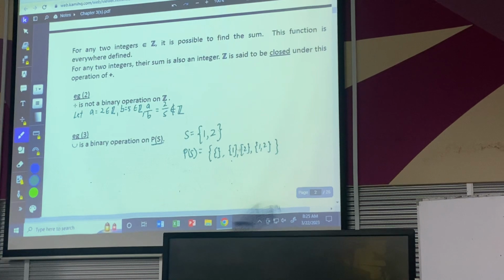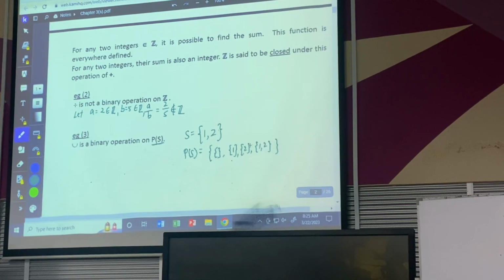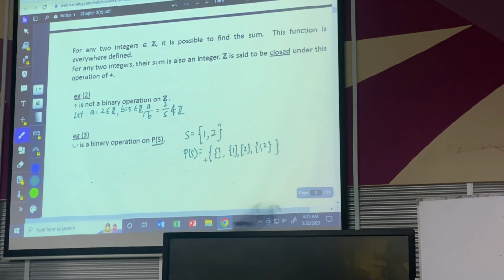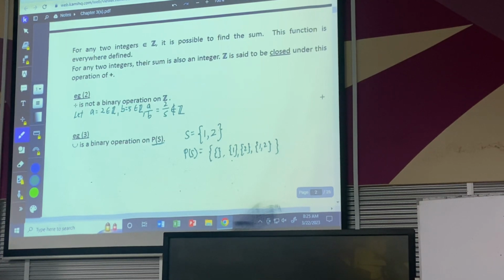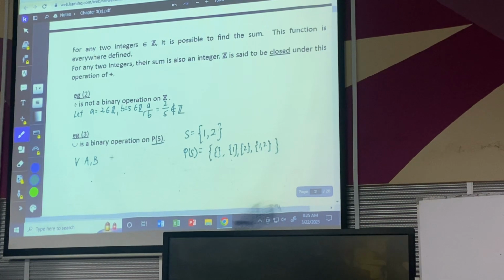So any of the elements here union each other, you will also get one that comes from the set. Right? So that's why union is a binary operation on the power set. Okay? So we can write for any A, B, this one is a set belonging to the power set. Then when you do A union B, it will belong to the power set also.